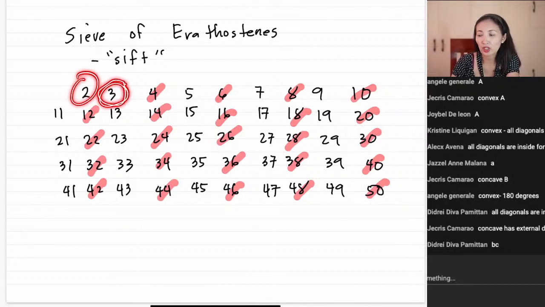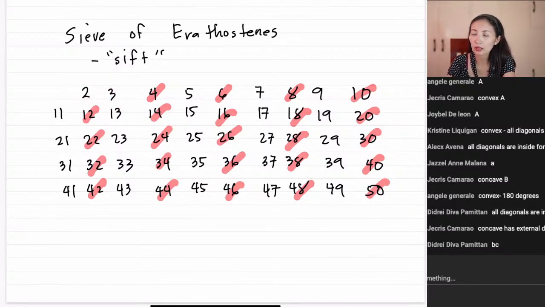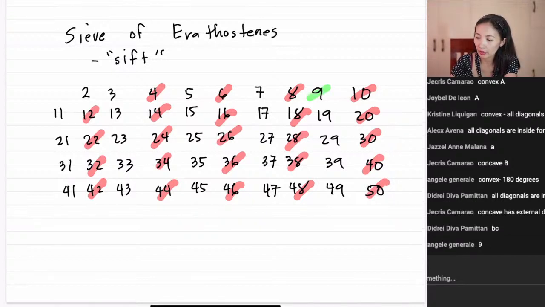This time, we cross out all multiples of 3, excluding 3. We begin with 6, but it's already marked out. 9, then 12, already done. Then 15, and then 18, already done. 21.